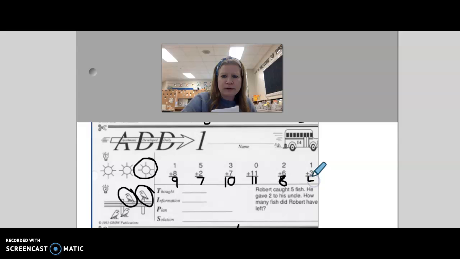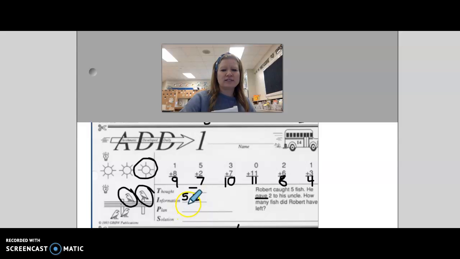All right, the next part said, Robert caught 5 fish. He gave 2 to his uncle, so he's giving some away. There's our hint. How many fish does he have left? So if he's giving them away, that means we are subtracting. The numbers we know are 5 and 2.